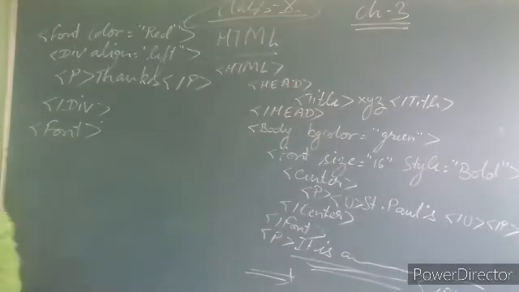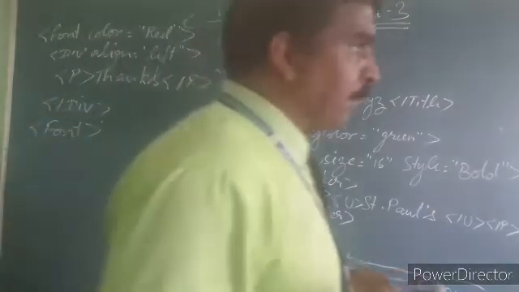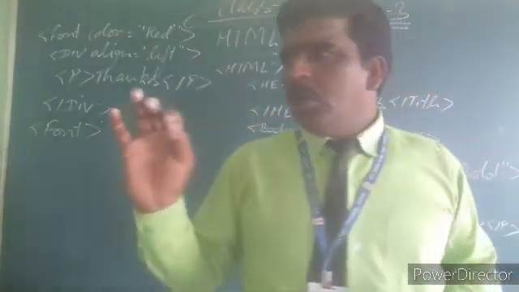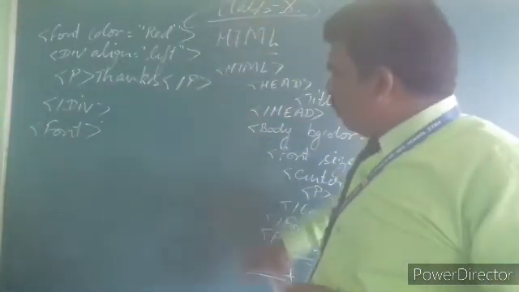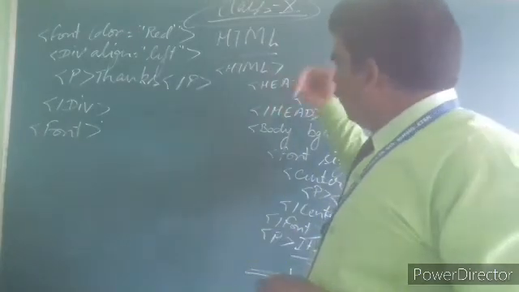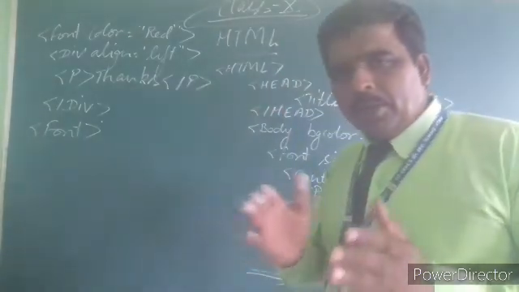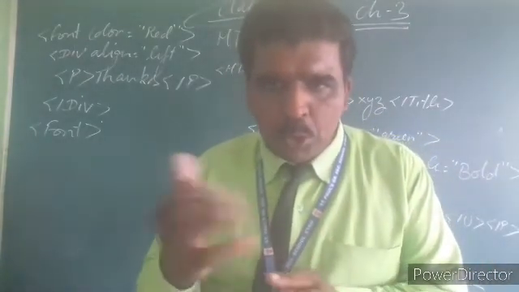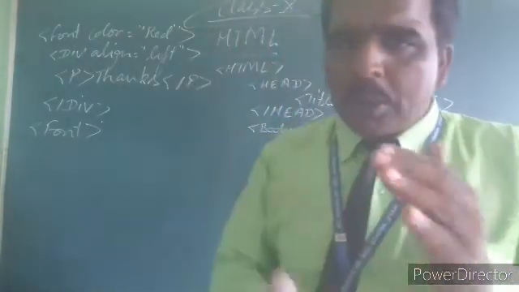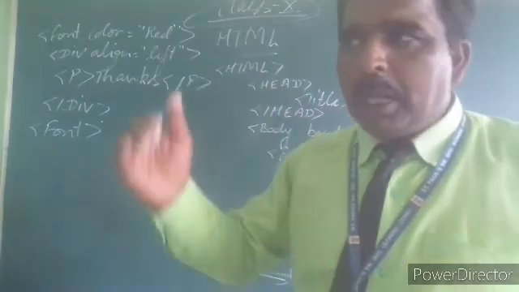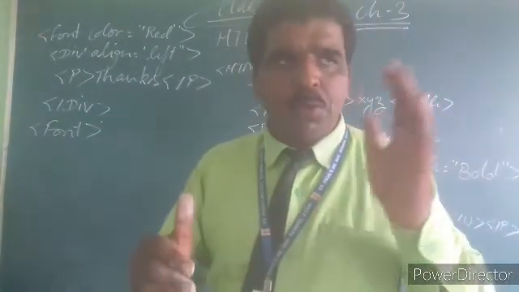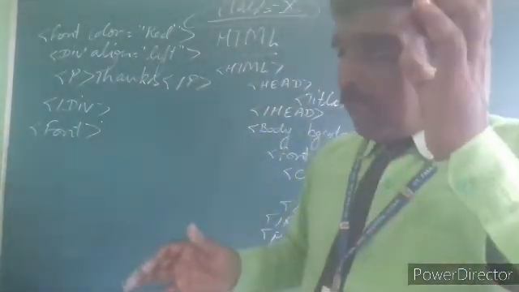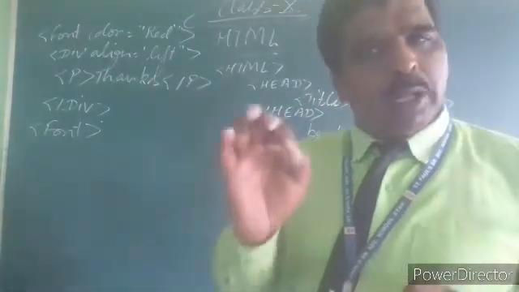If you are making the program, at that time no need to worry, silently you have to write the programs and what you want in a program that should be displayed. For that there are different types of tags and different types of attributes. So that tag or attribute you can use.